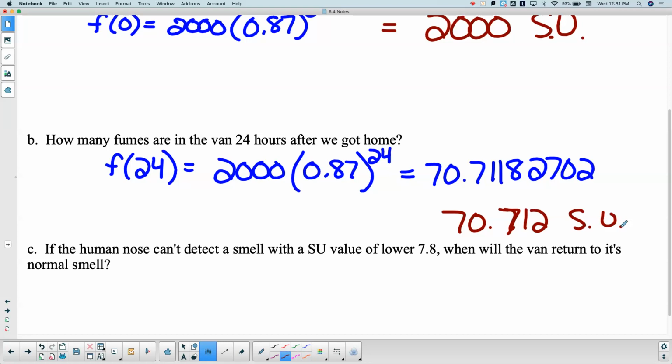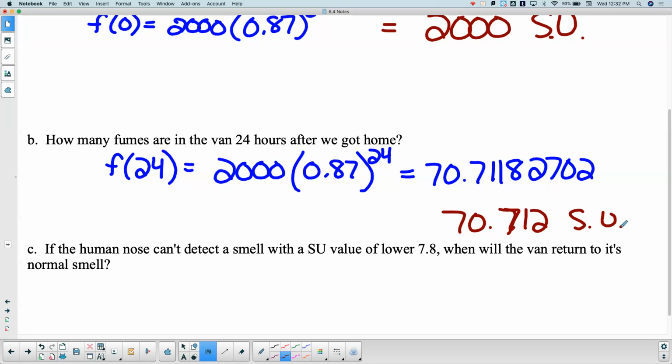Okay. Question C. If the human nose can't detect a smell with an SU value of lower than 7.8, when will the van return to its normal smell? So the exponent would still be H, but it would equal 7.8 instead.